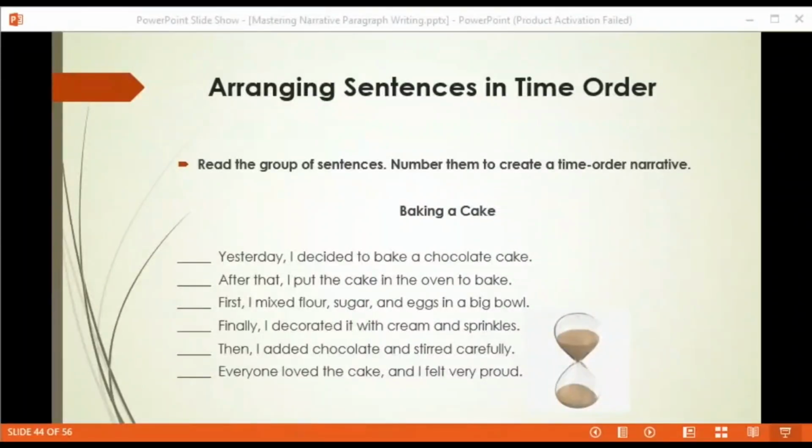Faisal said 132546. Now let's check. Go ahead, Ms. Rabia. Yes, the first sentence. Next, Ms. Rabia. Next, please.